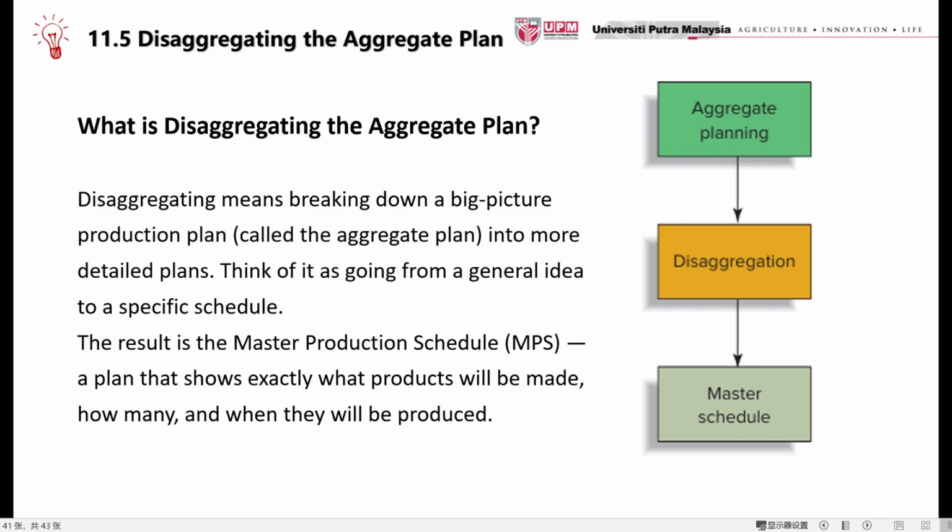So we need to do disaggregation, and then we can get the master production schedule. This is a plan that shows exactly what product will be made, how many, and when it will be produced. So disaggregation is very important in the aggregate planning process.